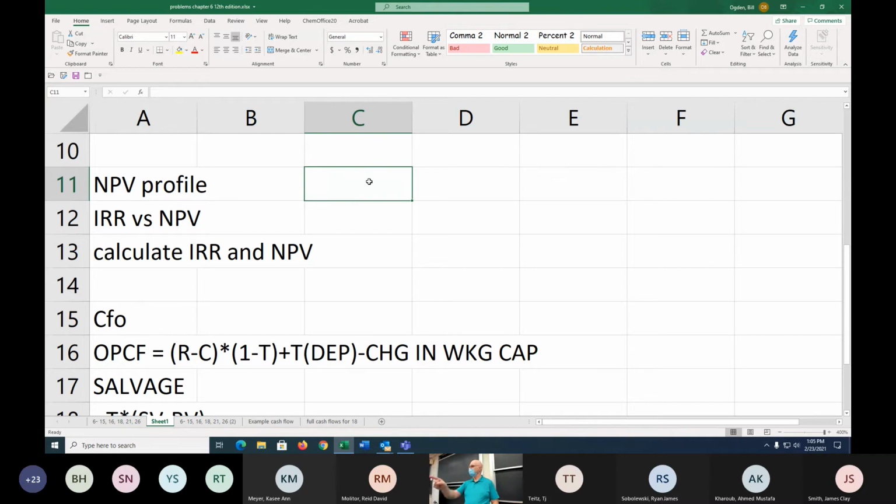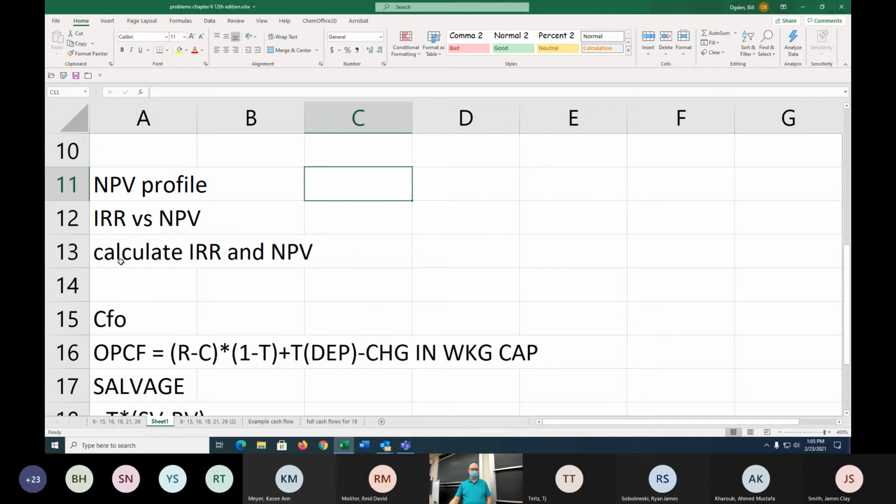It's NPV, isn't it? What are you graphing on the horizontal axis? R, right? The cost of capital. And then as you increase the cost of capital, the NPV continues to decline, doesn't it? That gives us the profile, right? And that way we're able to compare IRR versus NPV. You should be able to calculate both of these.